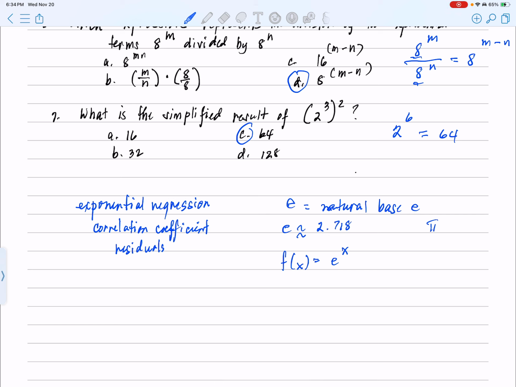All right, so one of the reasons why we use e as the base in exponential functions is because it has a special relationship with the concept of continuous growth.